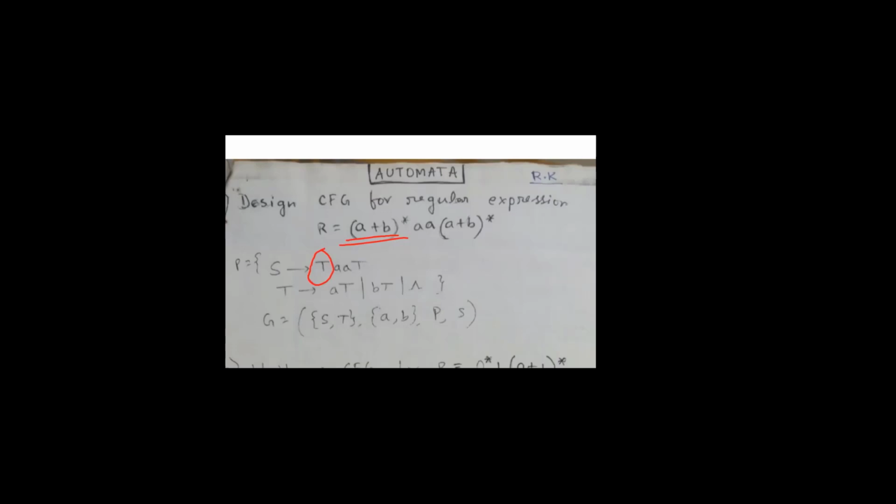We have two star parts, (A plus B) whole star, (A plus B) whole star. Let (A plus B) whole star be capital T. So this is also capital T then. So it becomes capital T, A, capital T. First write capital S, that is the start symbol of the grammar, implies capital T, A, capital T. That is basically this one.